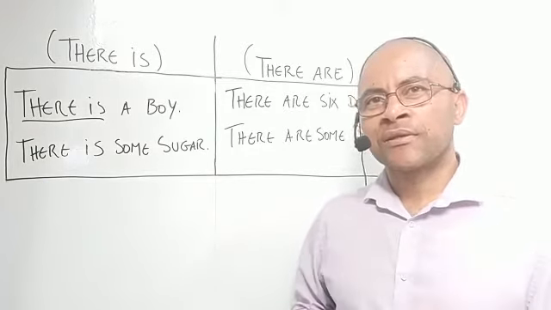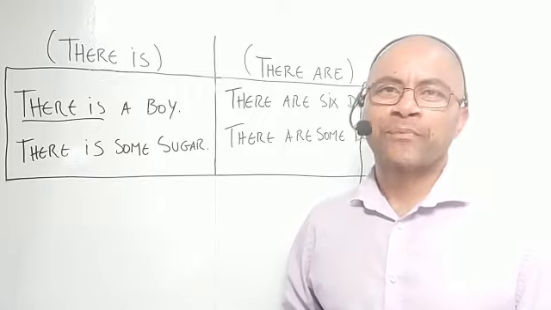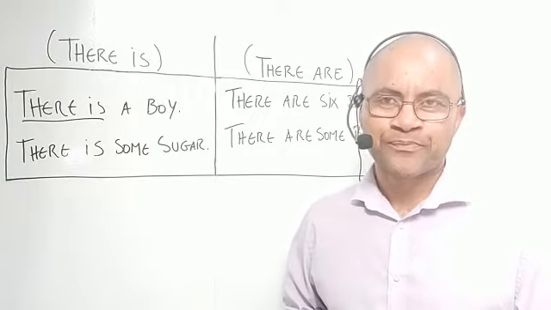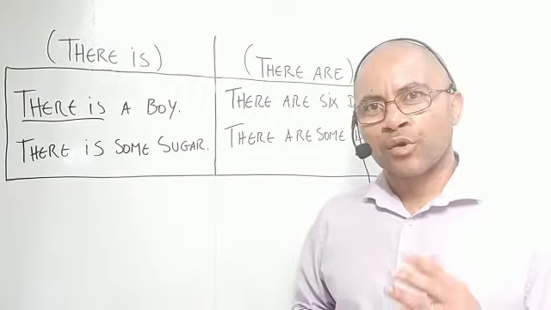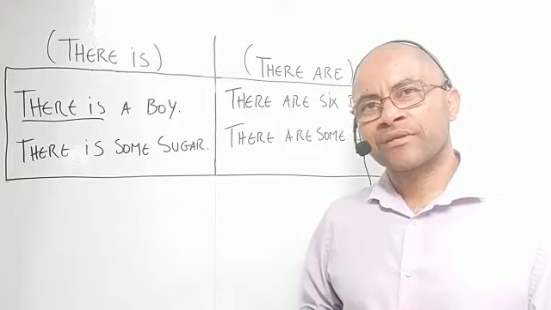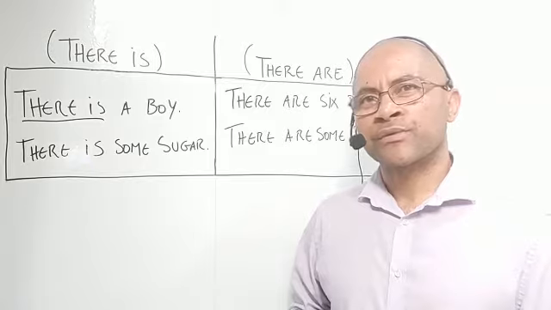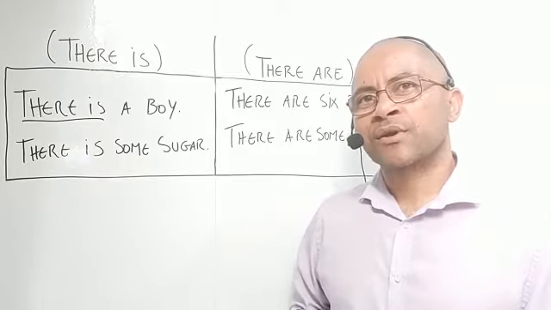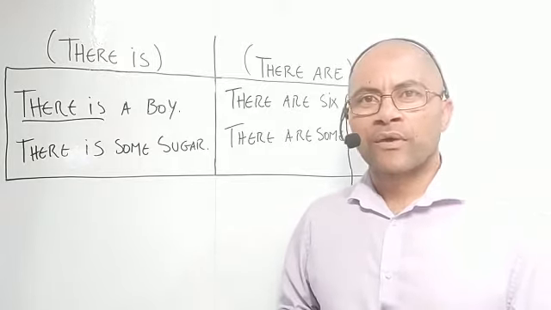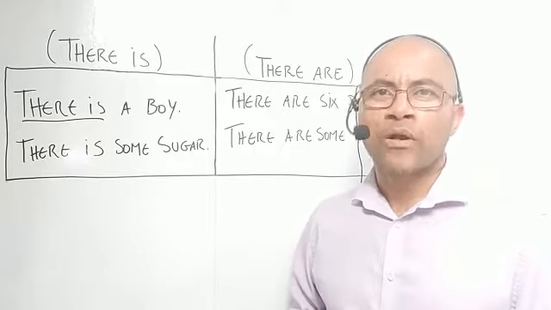We're going to learn how to use it and when to use it. We normally use there is and there are when we first refer to the existence of something or someone.